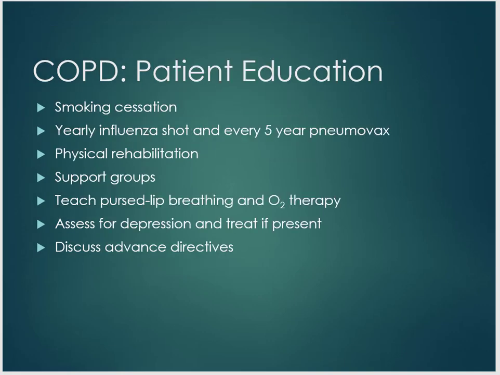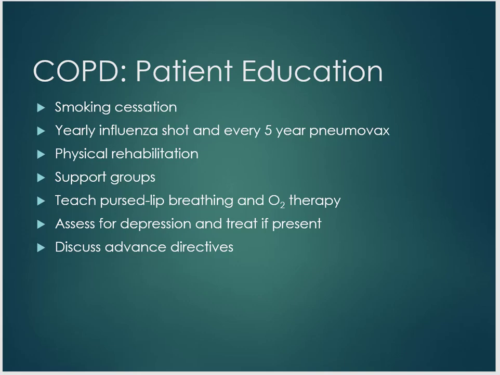Patient education is important, and that includes smoking cessation, yearly influenza shots, and every 5-year Pneumovax, PT rehab if there's been deconditioning, support groups, teaching pursed-lipped breathing and oxygen therapy, assessing for depression, and if that is noted to treat, and then discussing advanced directives and what the patient's wishes are if something should happen and they are not able to, if they're having respiratory issues.